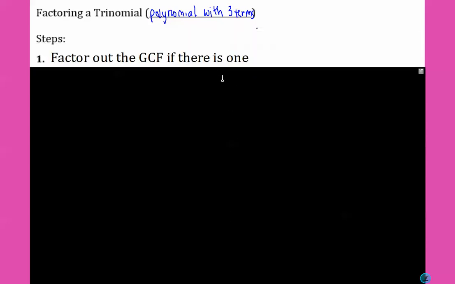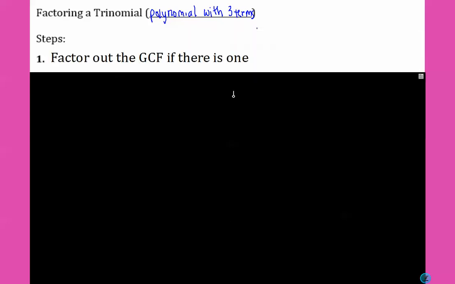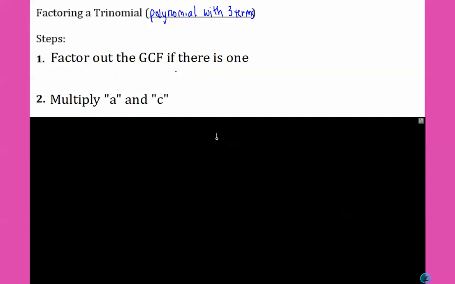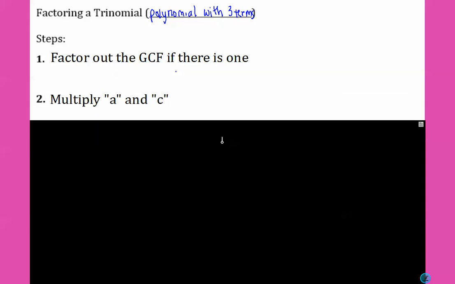So, step one, just like the last couple classes, factor out the GCF if there is one. Next, we're going to multiply a and c. So our polynomials are always going to be written as ax squared plus bx plus c.